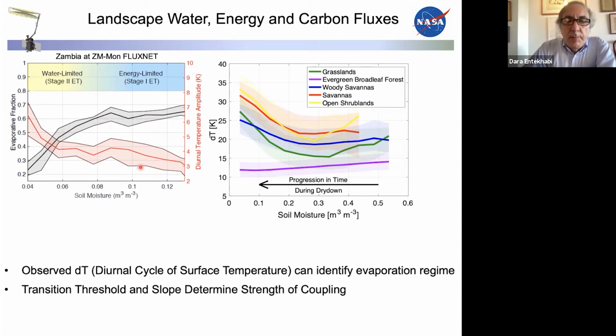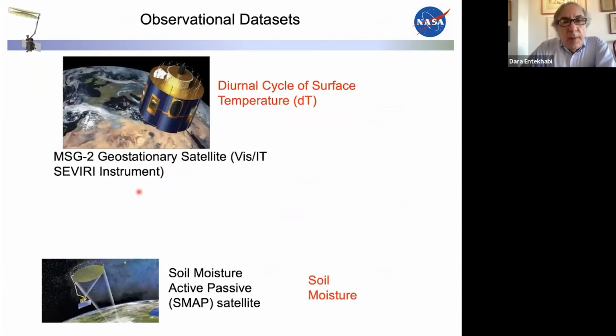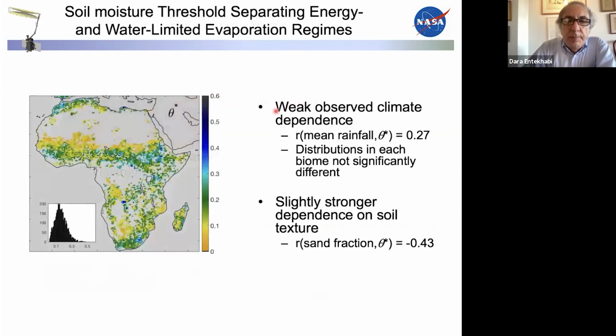Now, the reason why we picked Africa, and we have our colleague in Portugal, Isabel Trigo, as a collaborator, is that she manages the data from a geostationary satellite that is sitting directly at the equator in a fixed position over Africa. So it's a wealth of data over Africa. And from their data, we can deduce surface temperature.